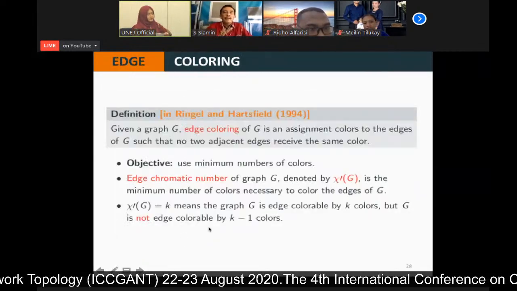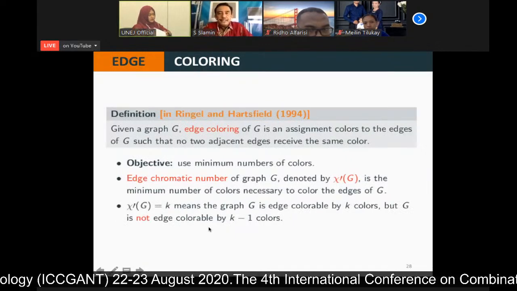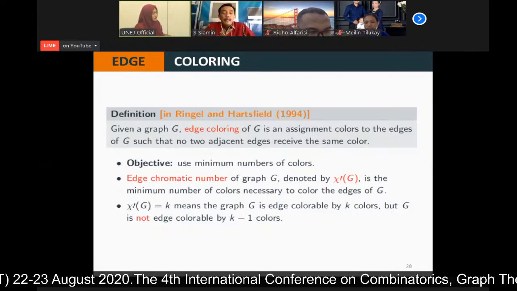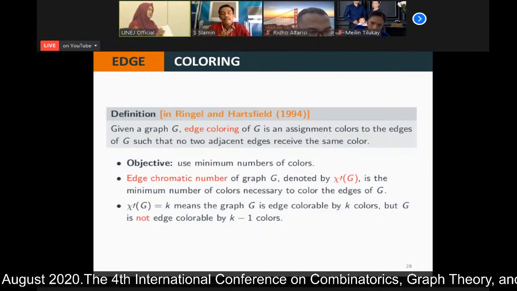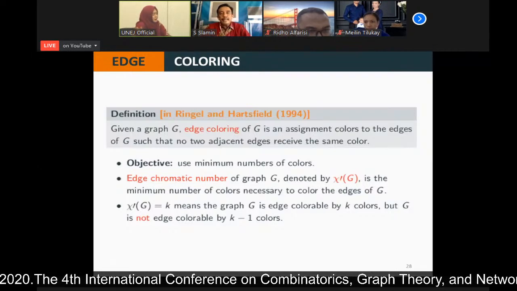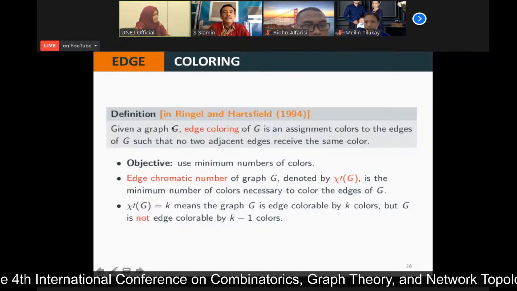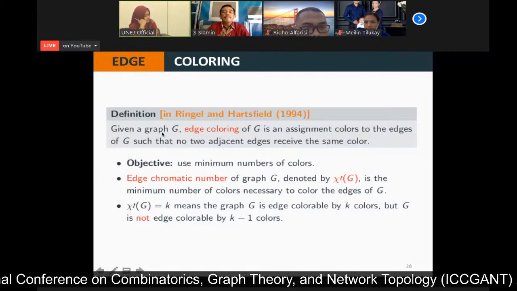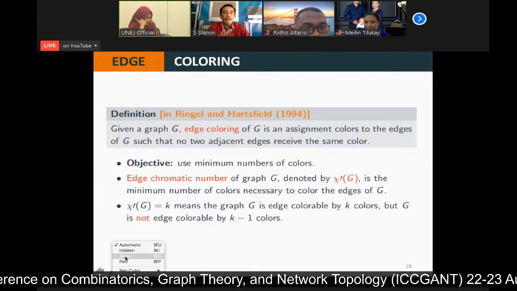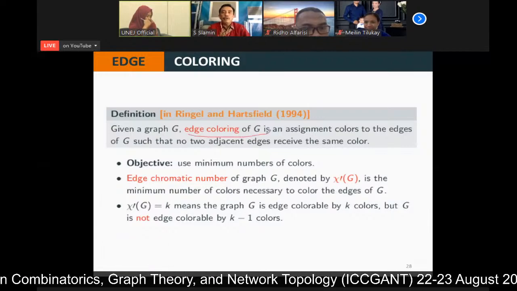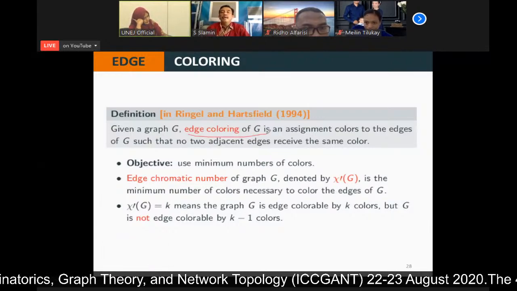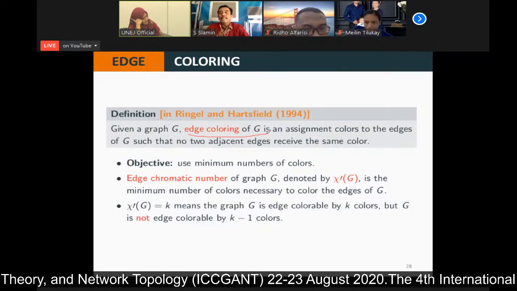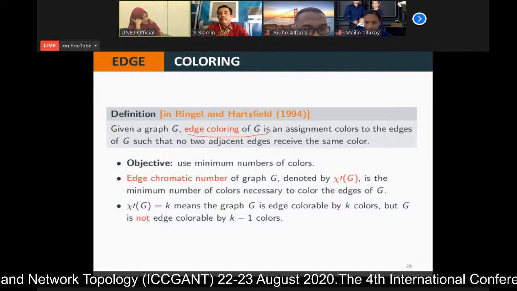Okay, the next variation of graph coloring is edge coloring. The definition of edge coloring can be found in the Ringel and Hartsfield book again. Given a graph G, an edge coloring of G is an assignment of colors to the edges of G such that no two adjacent edges receive the same color.